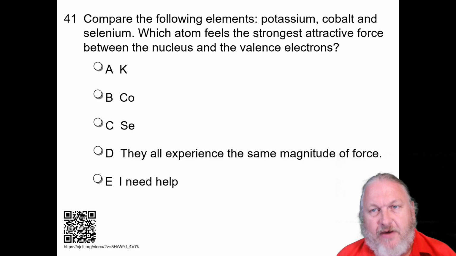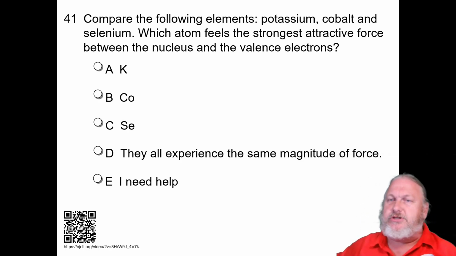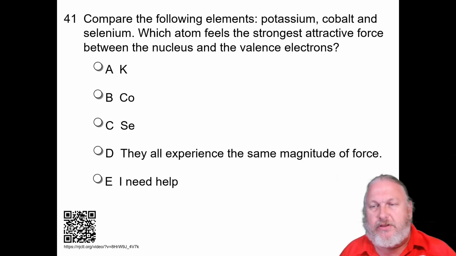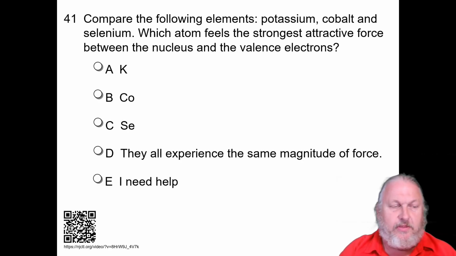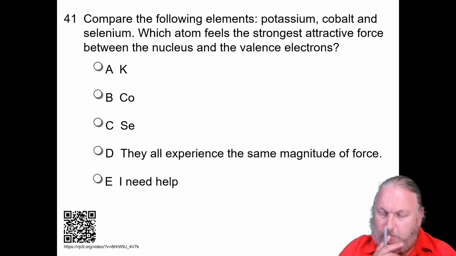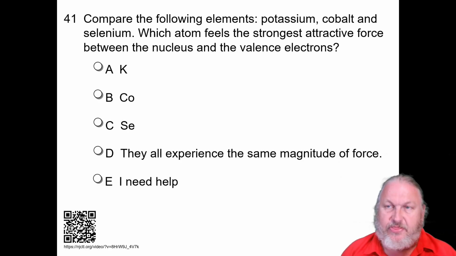Compare the following elements: potassium, cobalt, and selenium. Which atom feels the strongest attractive force between the nucleus and the valence electrons? Well, we have to find potassium. Potassium's in the 4th energy level, the 4th row, the 4th period. Cobalt is in the 3d level.